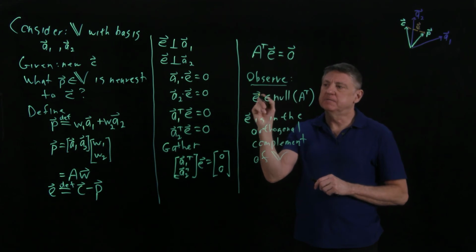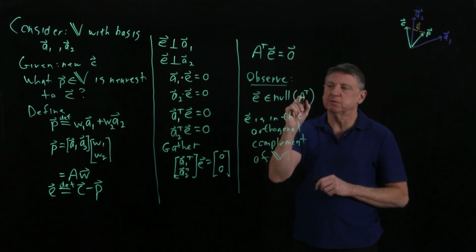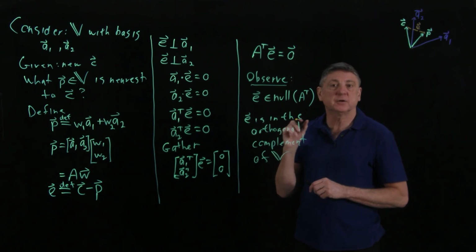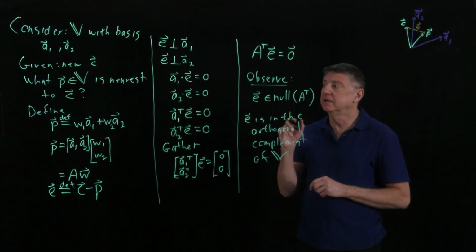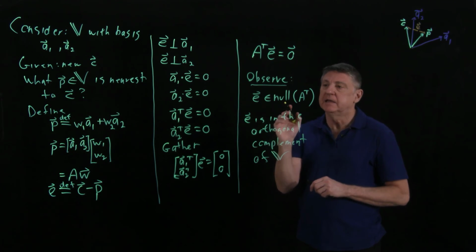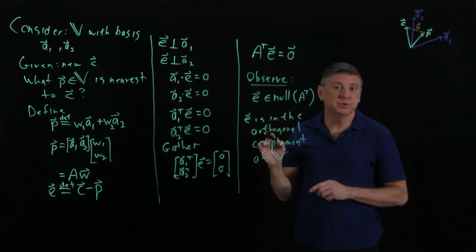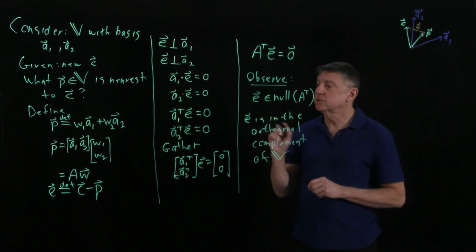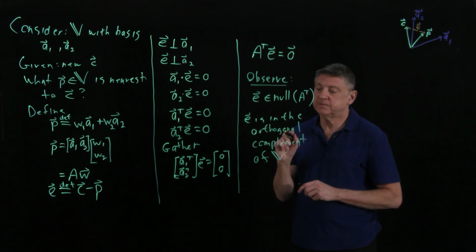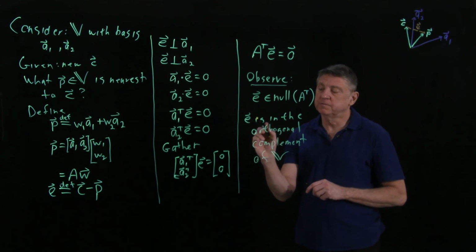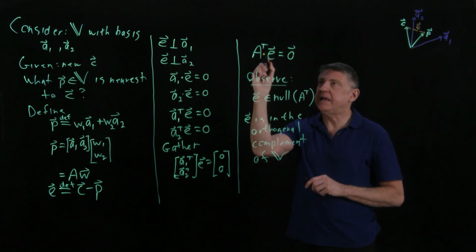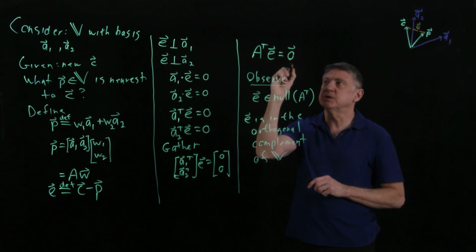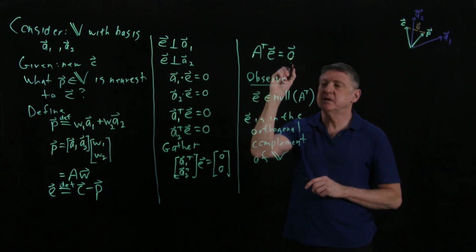Because if a vector is in the null space of the transpose, that means the vector is unreachable in the original one. If you want to, you could use the SVD and show all of this has to be true. We won't go through that, but what we'll observe is that A transpose E equals 0 is our constraint equation.